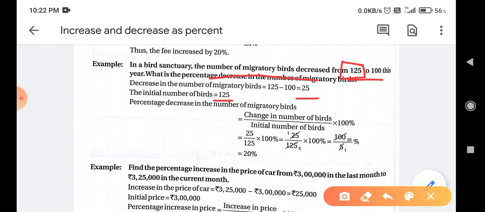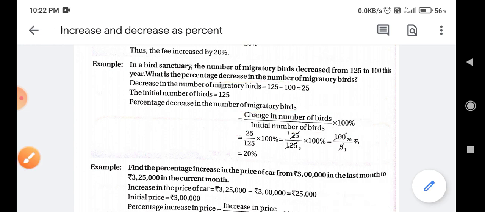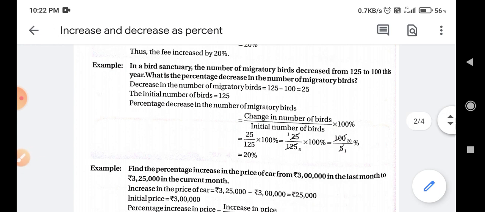We have to find the percentage decrease in the number of migratory birds. It will be equal to change in number of birds over initial number of birds multiplied by 100%. After putting the values we get 20%. So the answer is a 20% decrease in the number of migratory birds.